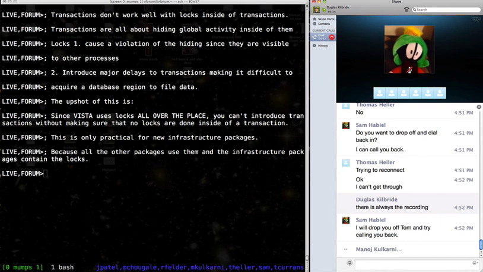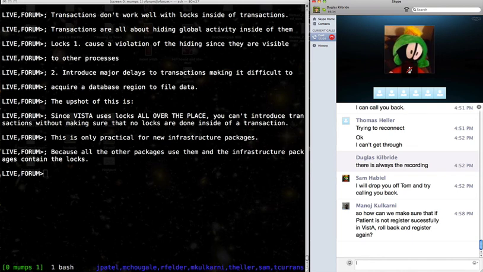So if you're modifying the Kernel or TaskMan or FileMan and you own that package and you know what you're doing, you definitely could use transactions. But otherwise, you have these two major problems: the cache problem and the lock problem.